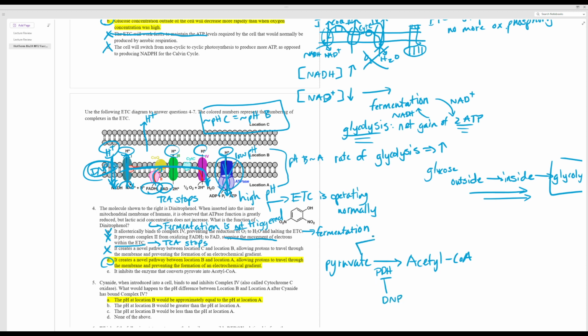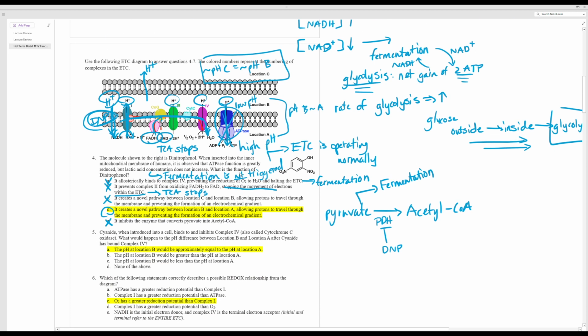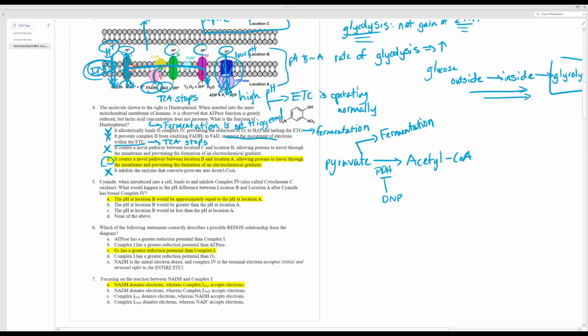If this were true, our pyruvate would then be undergoing fermentation. Okay, so it would go through fermentation. But we said fermentation doesn't occur. So E doesn't work. Okay, so this is just a question of understanding how the ETC fits in with the rest of cellular respiration and metabolism in general.